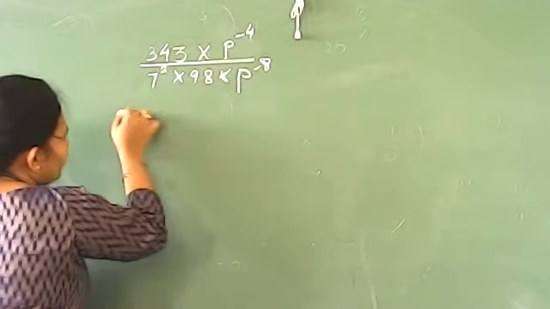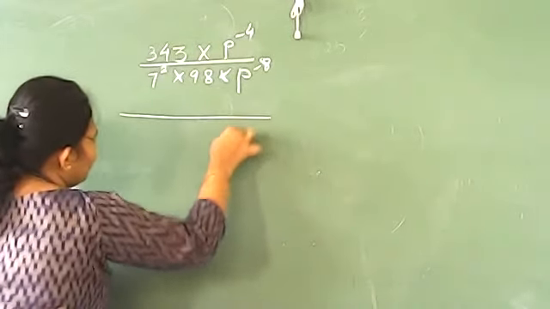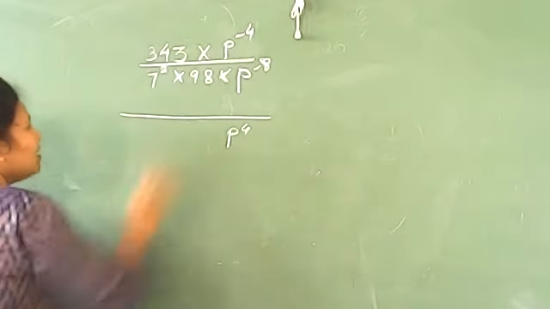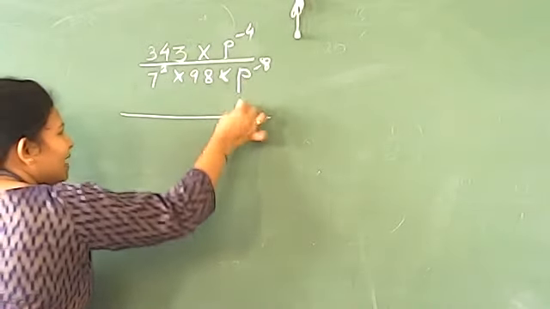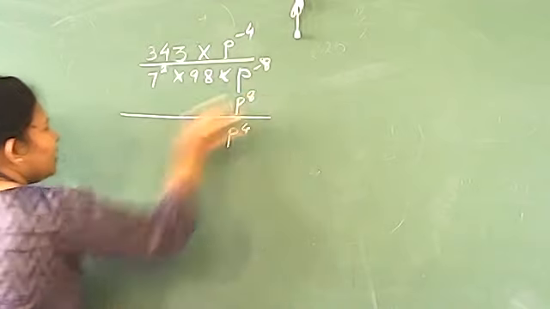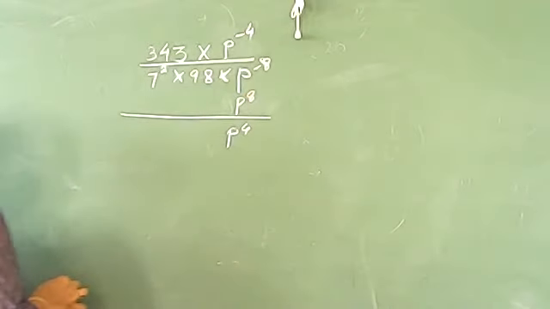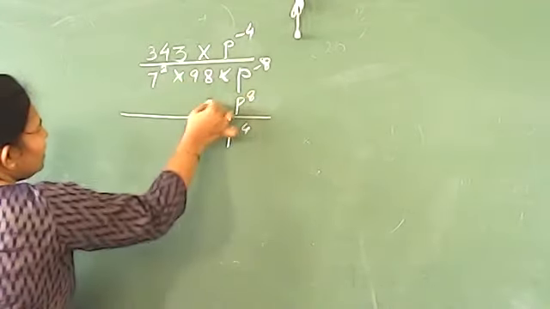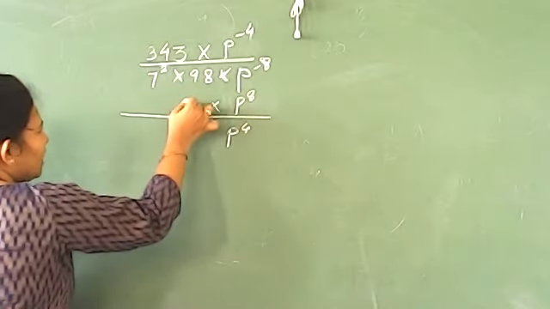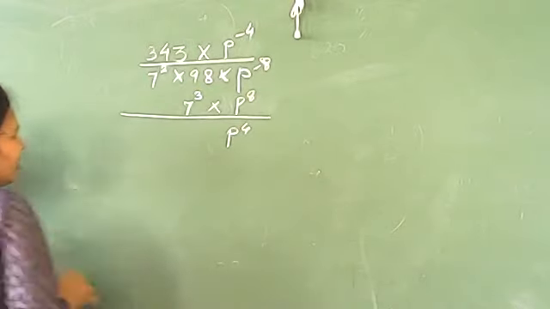So p to the power minus 4, if it comes in the denominator, the power will become positive. And p to the power minus 8, when it comes in the numerator, the power will become positive. Now, 343 you can break as 7 to the power 3.